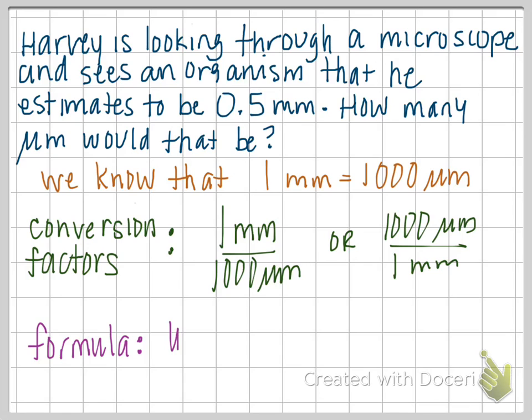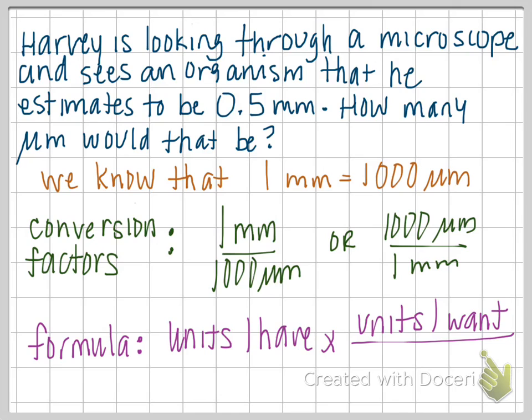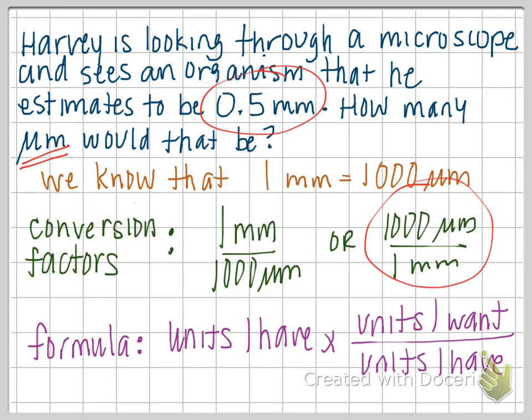And that formula is units I have times units I want over units I have. So on the next page, I'm just going to shorthand this now. At this point, I'm starting with 0.5 millimeters, and I want to go into micrometers, so I'm going to use this conversion factor.